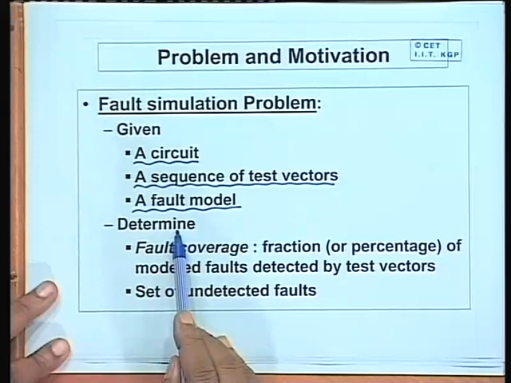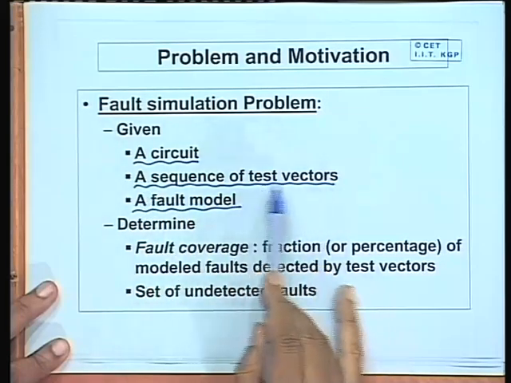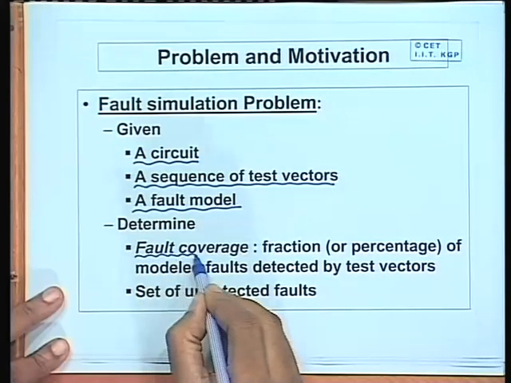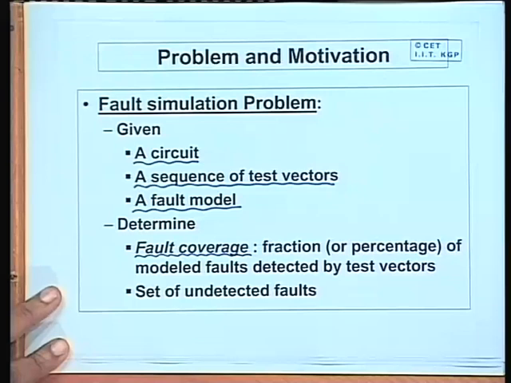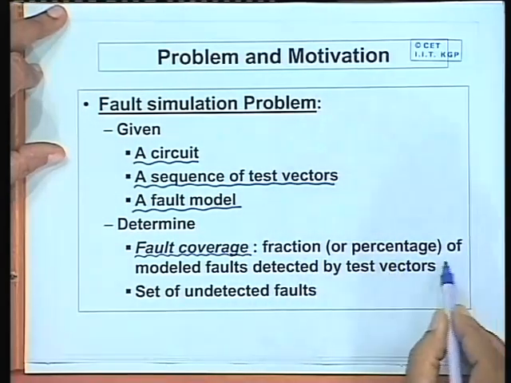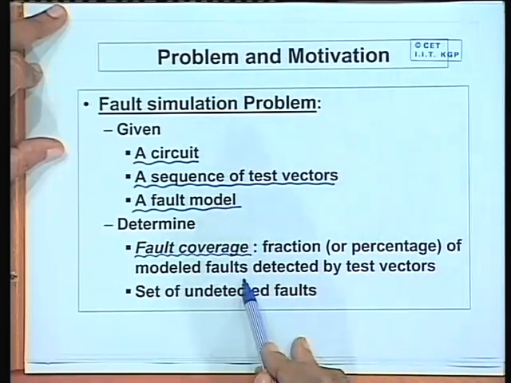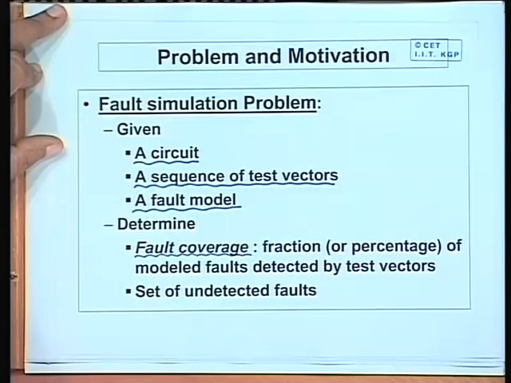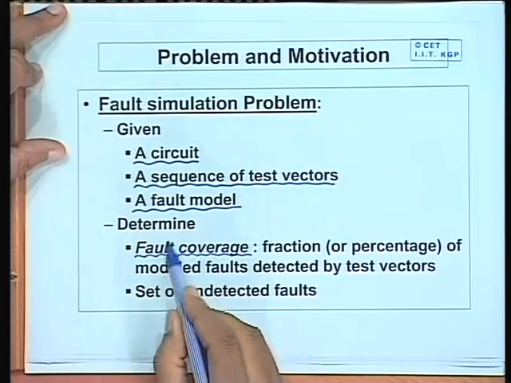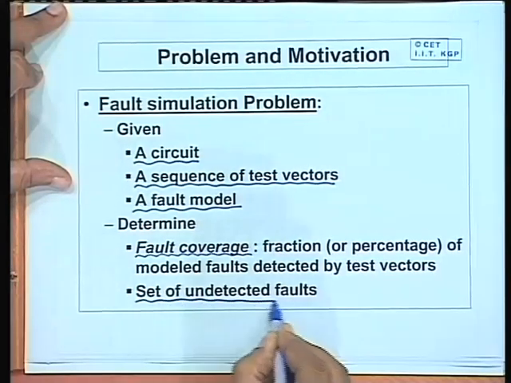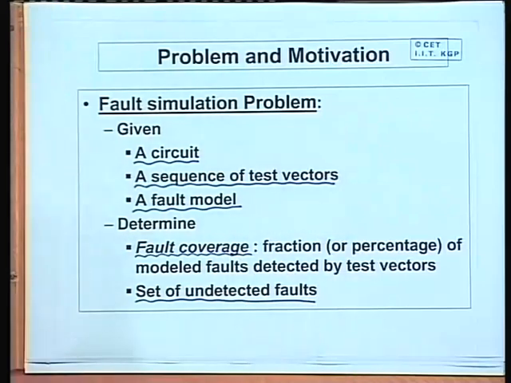We want to determine the quality of the test vectors. We want to determine a parameter called fault coverage. Fault coverage is the fraction or the percentage of the model faults which are actually detected by these given test vectors. Moreover, fault simulation can also give you a set of undetected faults, for which you may have to generate some additional test vectors. Okay.